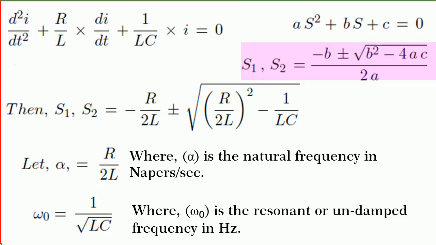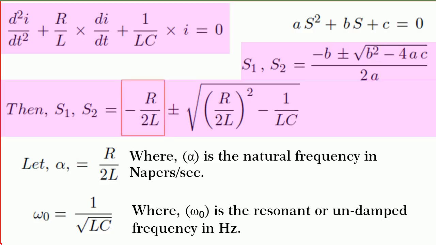Using this mathematical identity, we can write for the roots s1, s2 is equal to minus R by 2L plus or minus square root of (R by 2L) square minus 1 by LC.